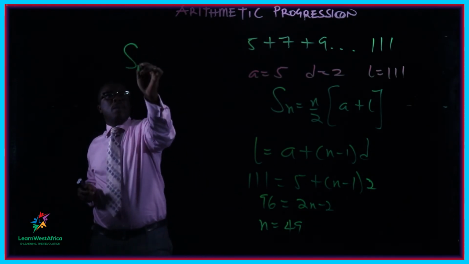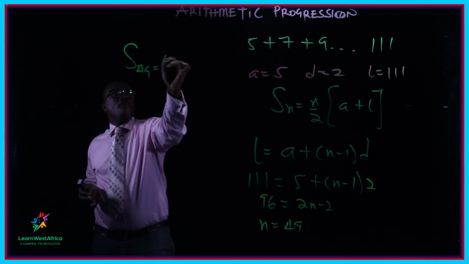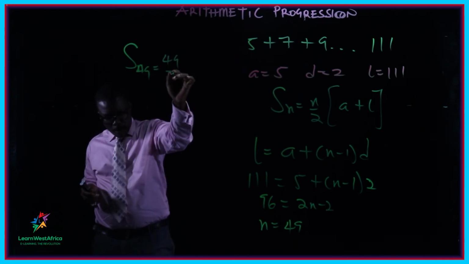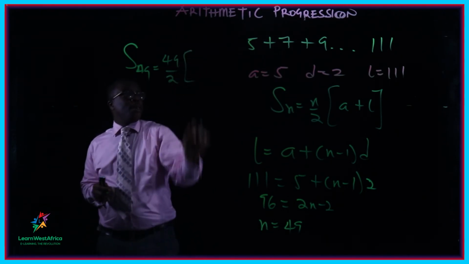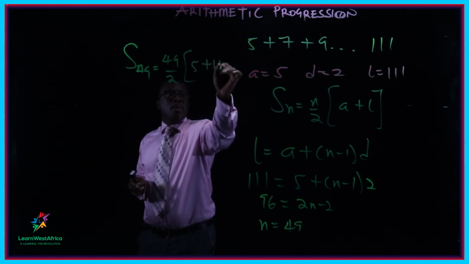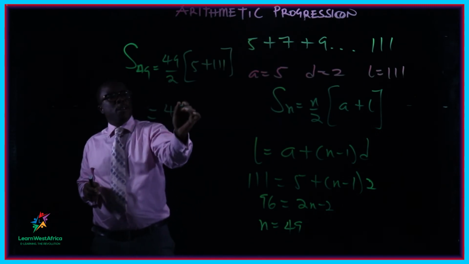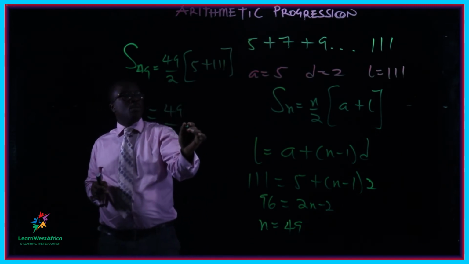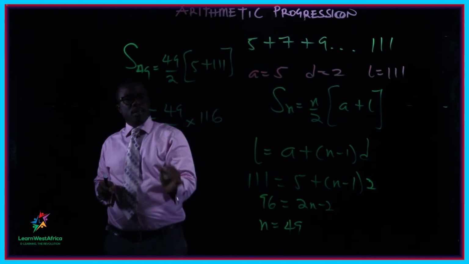Our sum of terms will be n over 2, then our first term is 5, plus our last term 111. So we're going to have n over 2 times 116.